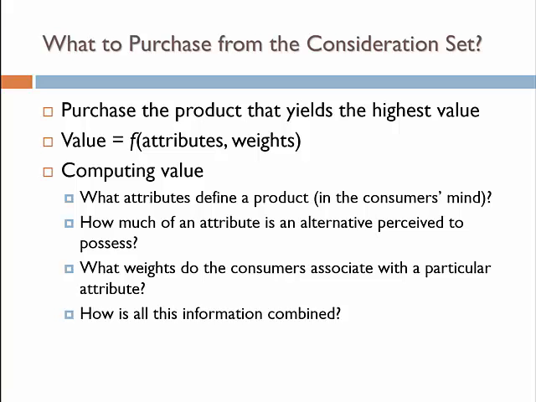Now, conjoint analysis presumes that the value that the customer derives is a linear combination of the attributes that the alternative is perceived to possess, with weights on each attribute that are estimated. Once we obtain these estimates, we can compare the value that different alternatives offer given their attribute levels and predict what the consumer is likely to choose. So we do conjoint analysis to predict whether the customer is going to purchase the product or not.